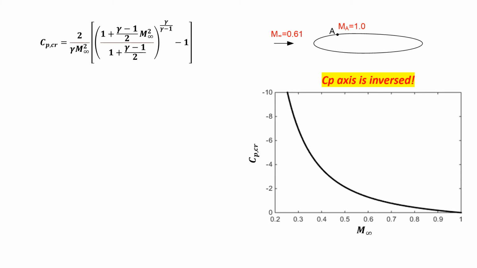Pay attention to the CP critical axis, and you should notice it is inverted. Why is it inverted? Because when we deal with the pressure coefficient for an airfoil, it is normally inverted, especially when you plot the pressure coefficient distribution for the upper and lower surface. It is just a commonly adopted custom.